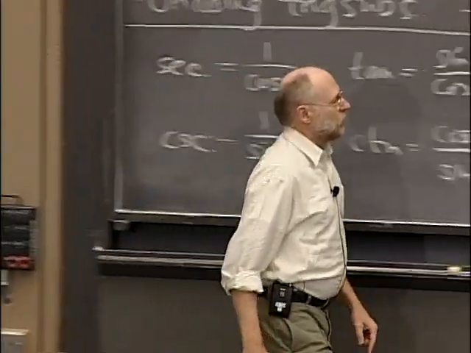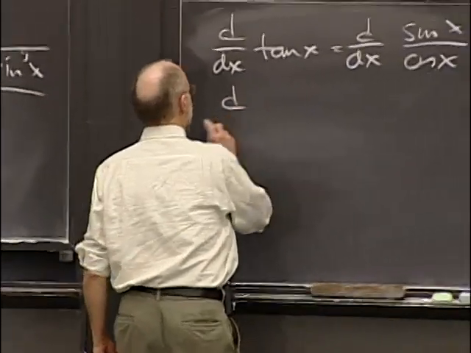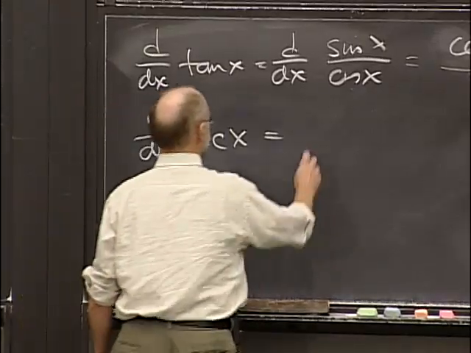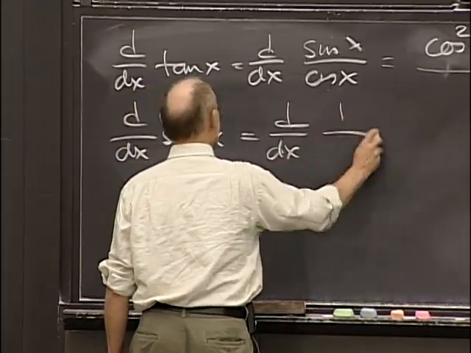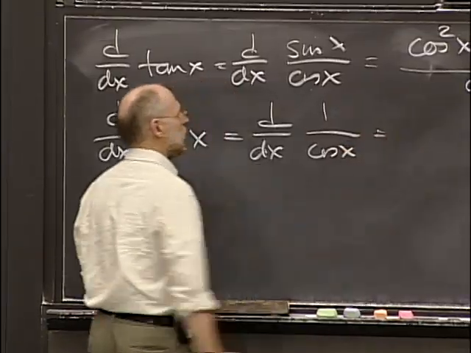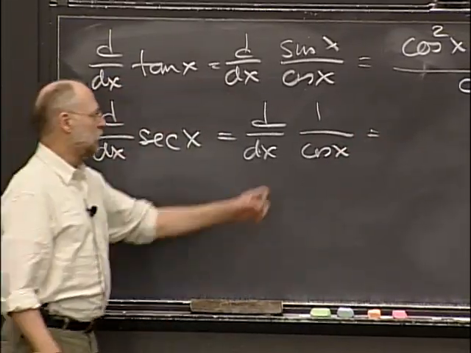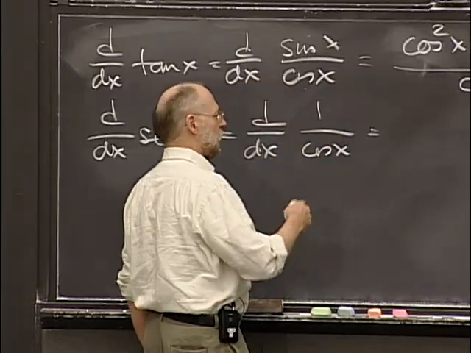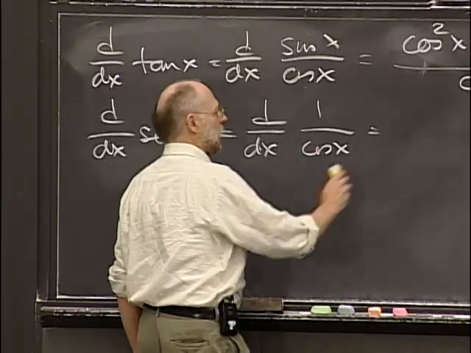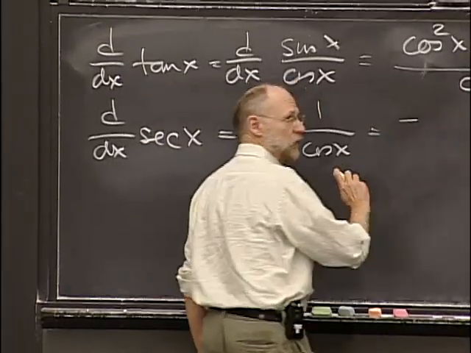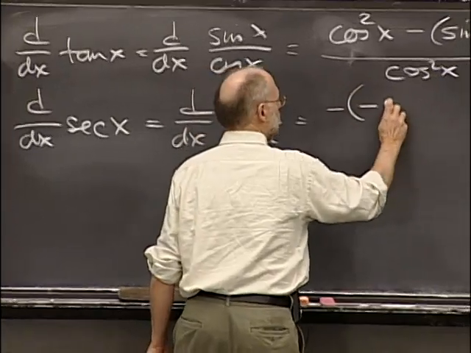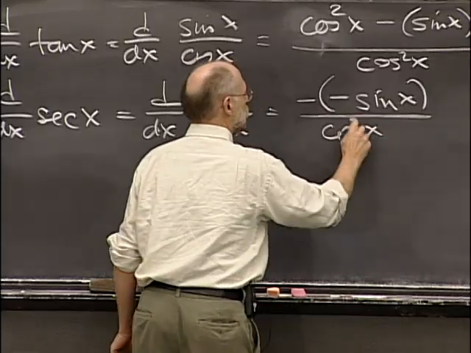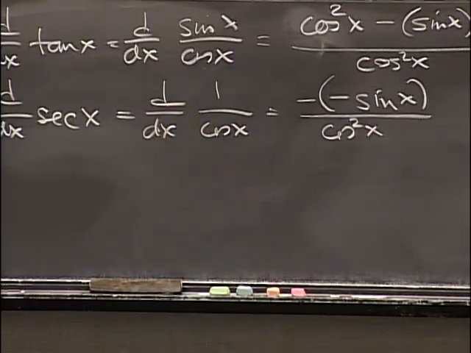Well, let's just do the second one as well. So if I want to differentiate the secant, that's d/dx of 1 over the cosine. And again, I have a quotient. This one's a little easier because the numerator is so simple. So I take the derivative of the numerator, which is 0, and then I take minus the numerator times the derivative of the denominator, which is minus the sine of x, and put all that over the square of the same denominator.